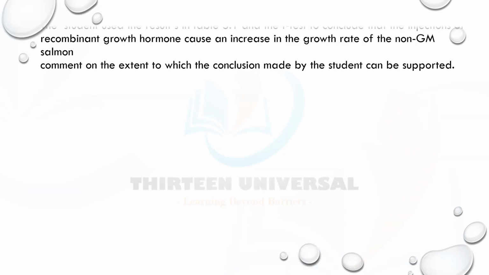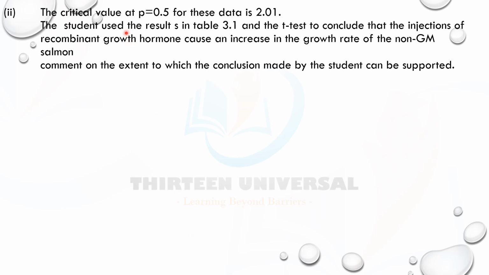All right. Now the question says the critical value at probability of 0.5 for this data is 2.01. Guys, don't forget that 2.01 is t tabulated.